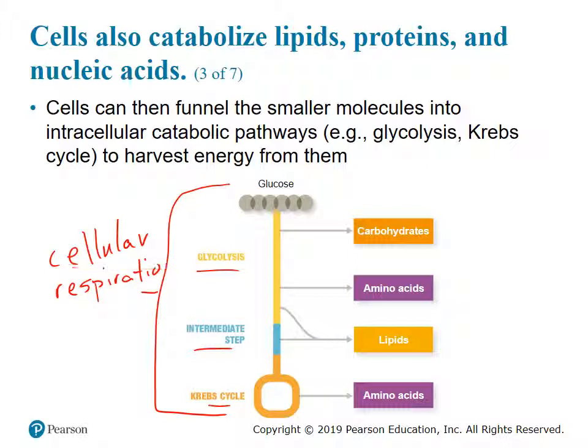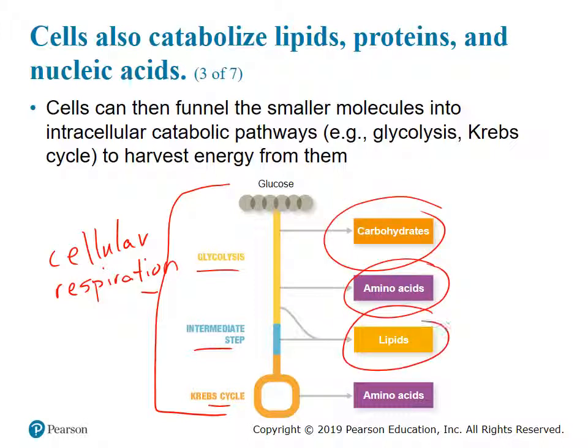We haven't included the electron transport chain, but those previous steps. And look what we see down on the right side.